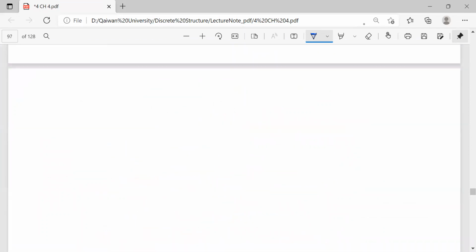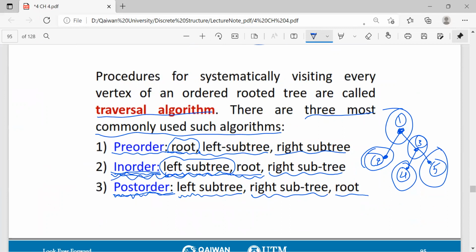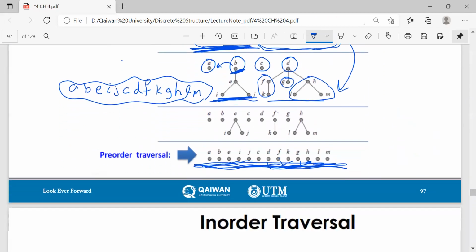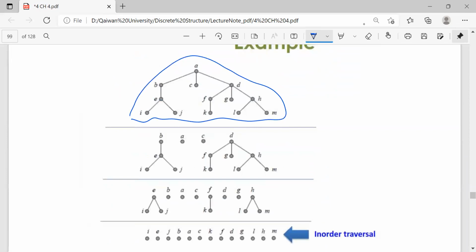If we return to the definition of in-order, we first write down the left subtree, then the root, and then the right subtree. Here we have this given tree, and we are asked to write down the in-order traversal.